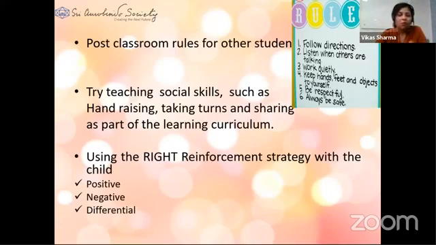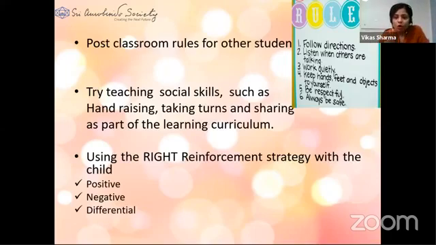Till the time you do not do some kind of storytelling or role play or just mention the rules, I'm very sure, teachers, every day you will end up wasting a lot of time giving the same instructions to every child.